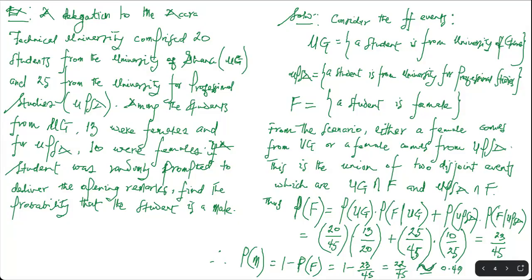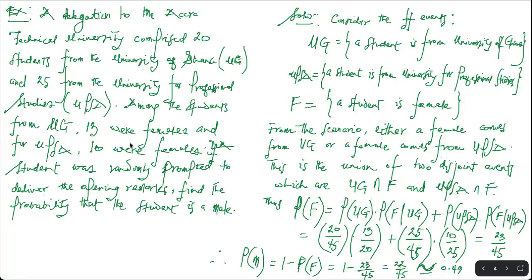Another way you could have done this is to take, let's say, among the students, because we know the total number coming from all of the various institutions, and we've been given only the female representation, we could also ascertain the male representation.